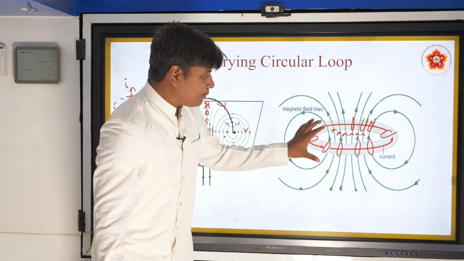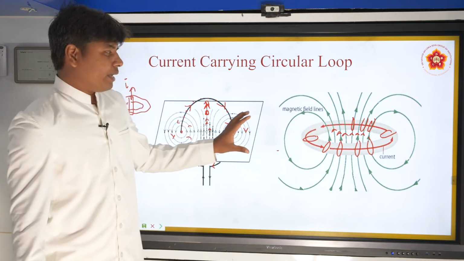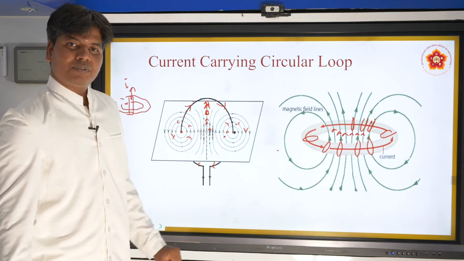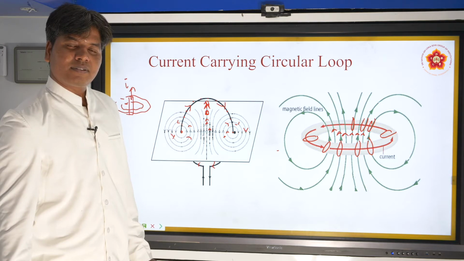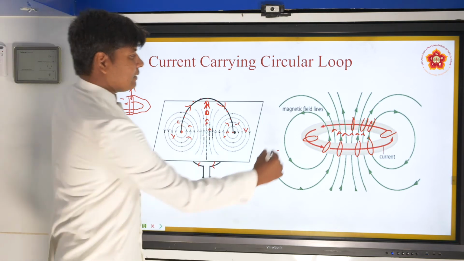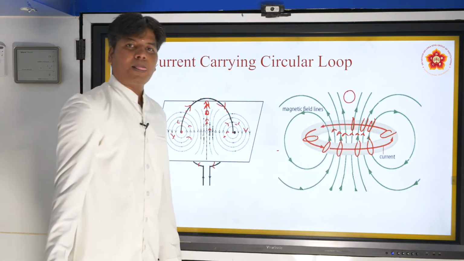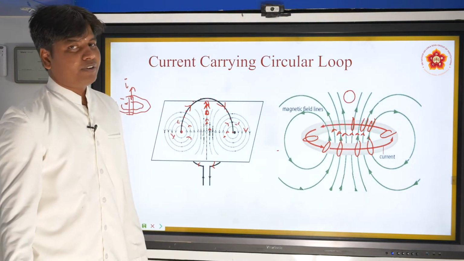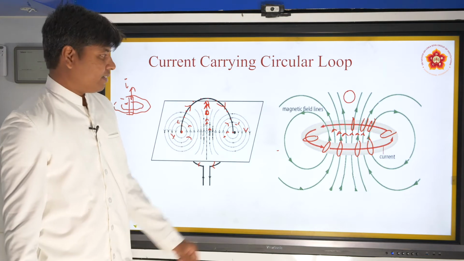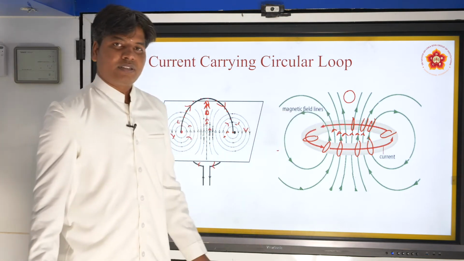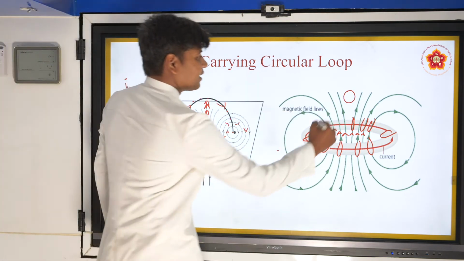Can you relate this to anything you have studied up to now? Just take a compass here. How will the north pole deflect here? The direction is upwards, so the north pole will deflect up.